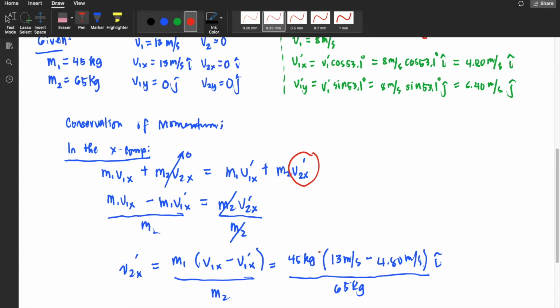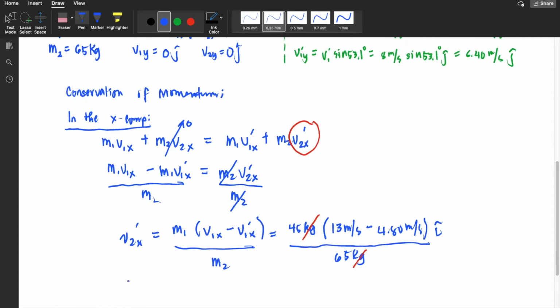Some units cancel out here, and meters per second can be factored out from the parentheses. So your v2x' is simply equal to 5.70 meters per second, and it's moving along the positive x-axis.